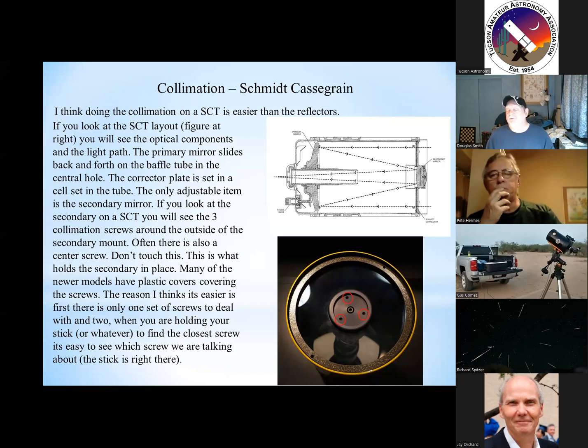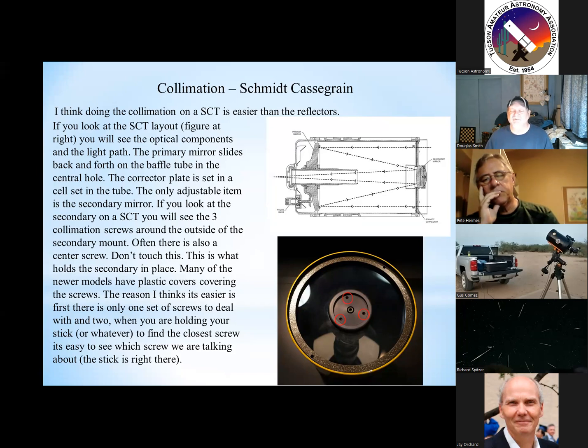But still, you don't want to mess with that center screw, because if you happen to loosen it too much, the whole secondary mirror cell could fall right out of its holder. The 3 collimation screws are those 3 screws around the perimeter, and those are the 3 screws you want to adjust.